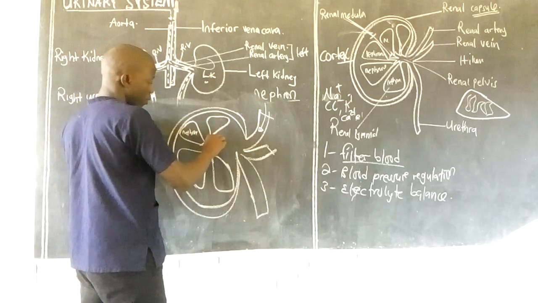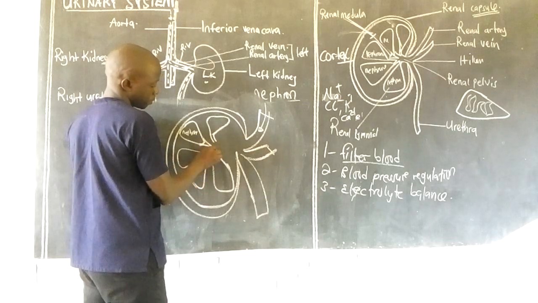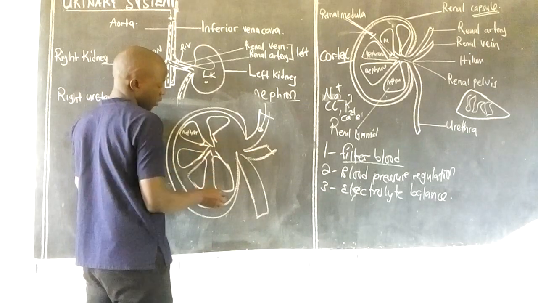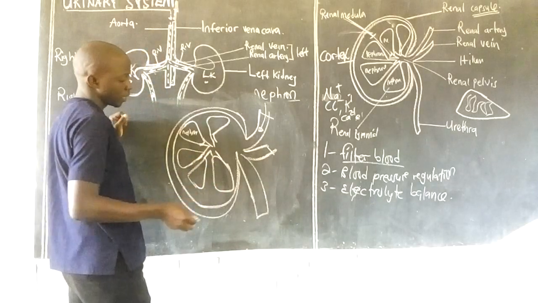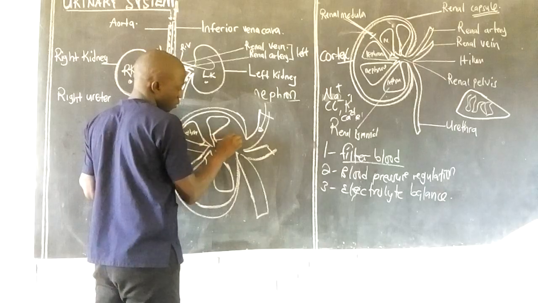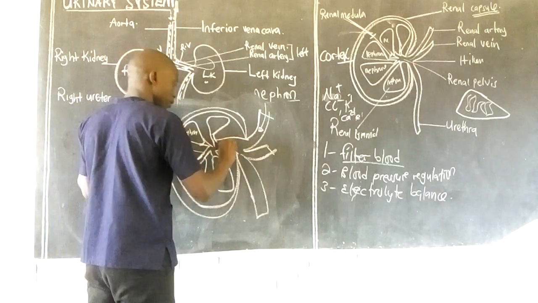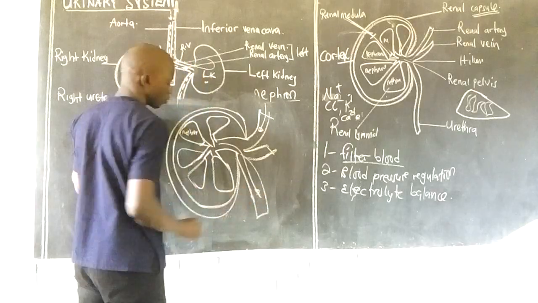These renal pyramids drain into what we call the minor calyces. Then minor calyces join together to form the major calyces, which form the renal pelvis, and then urine is passed out.